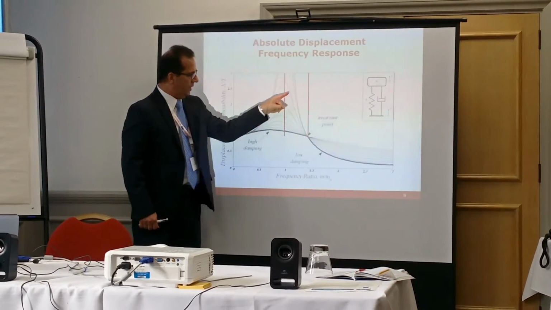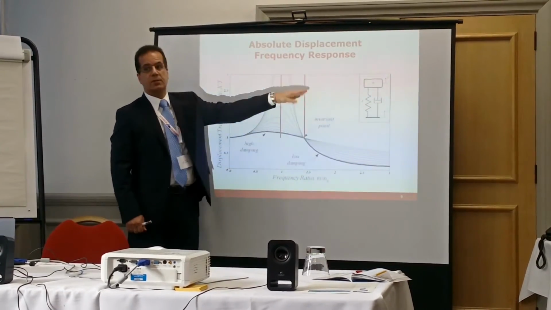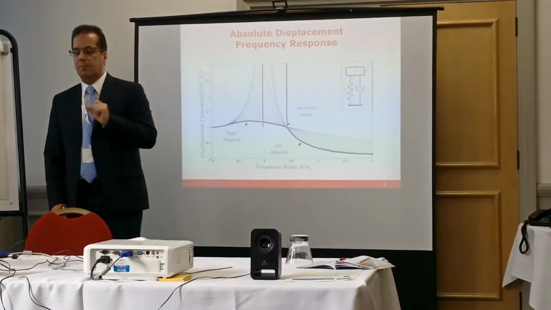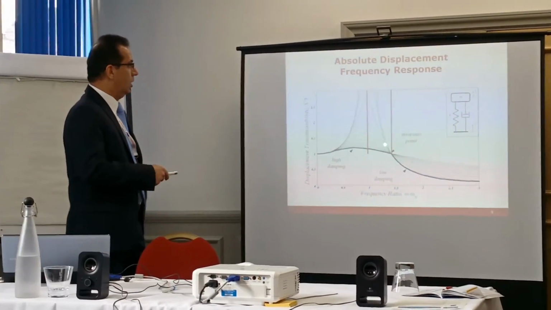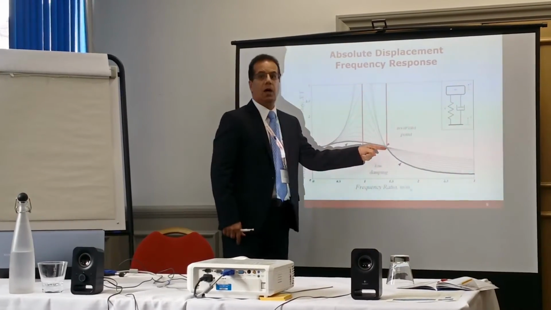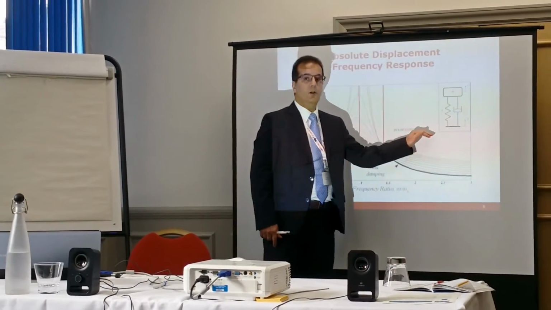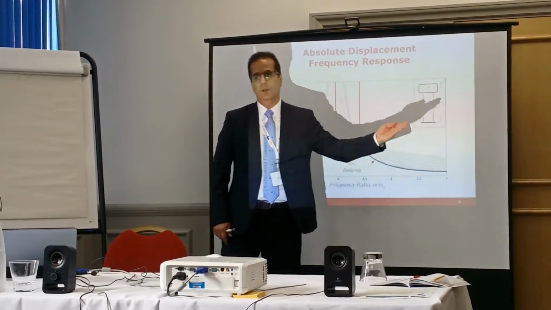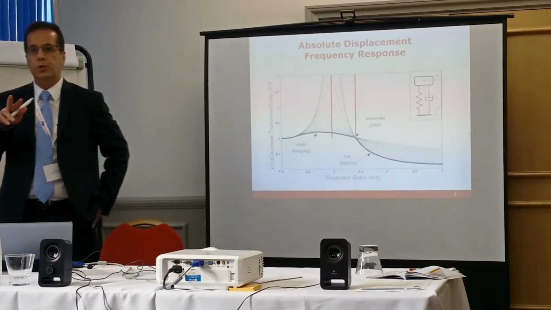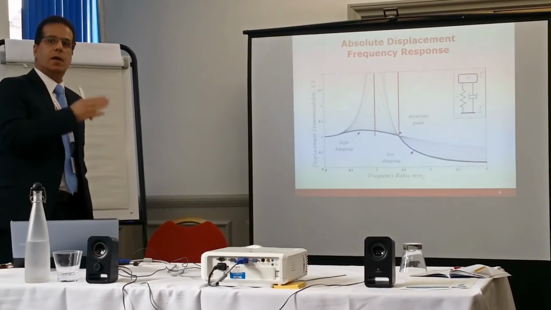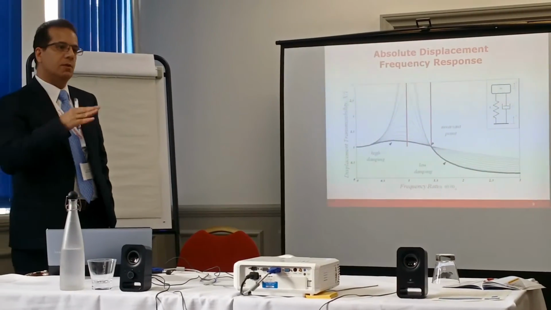If you look at this area after resonance, we get high amplitude of excitation. So at high amplitude, we need high damping. Here we get low amplitude, and at low amplitude we need low damping.